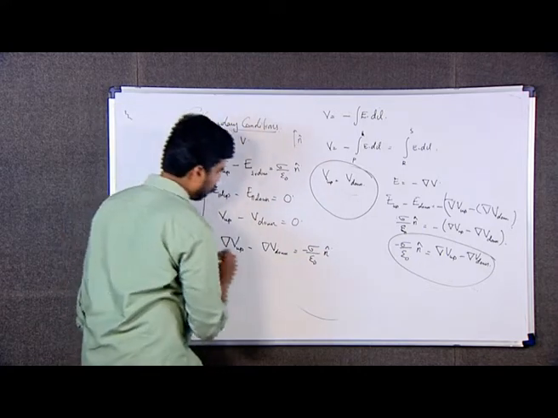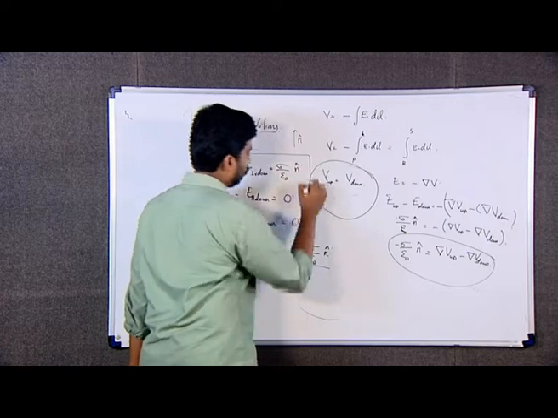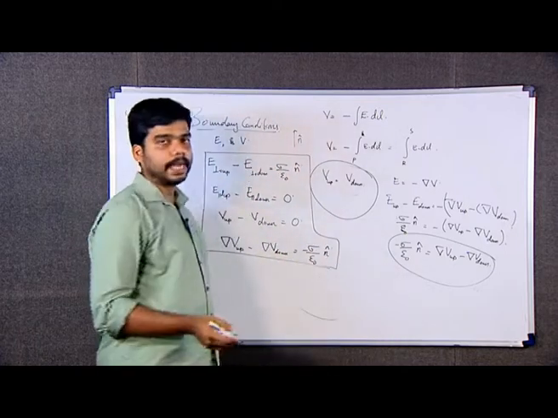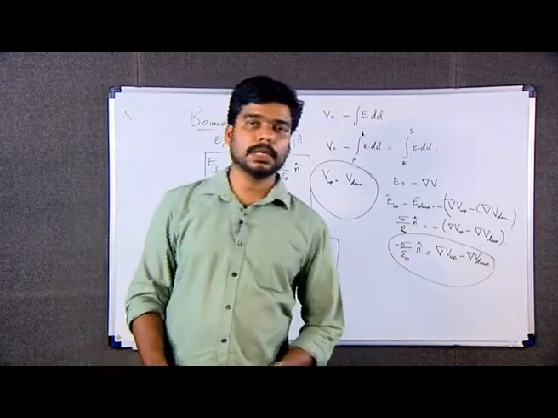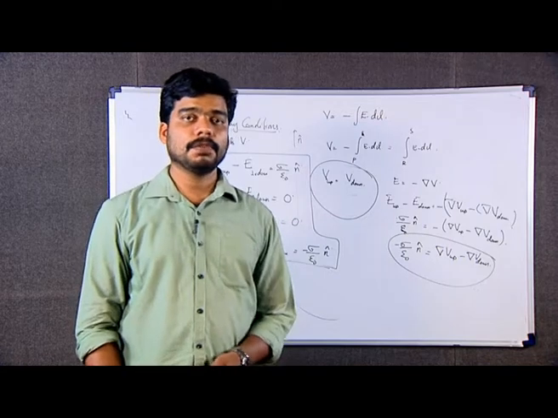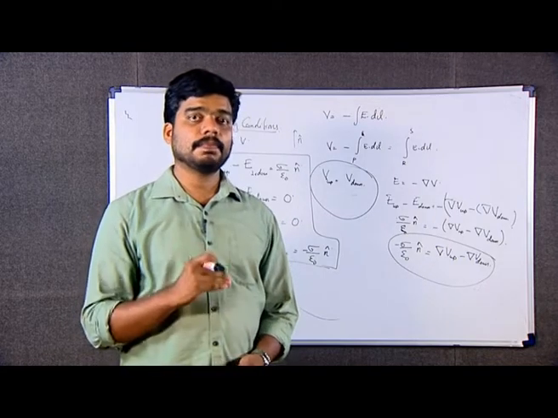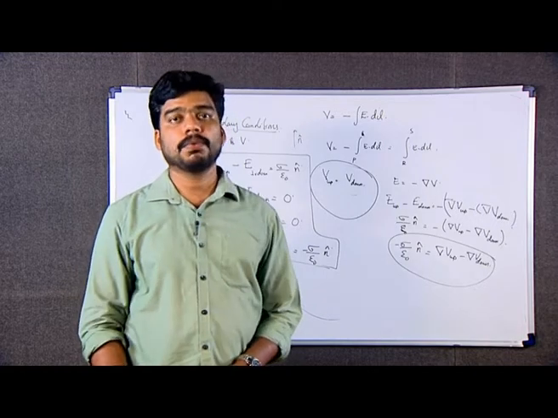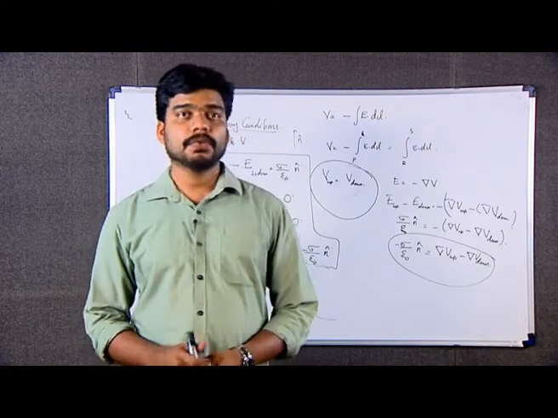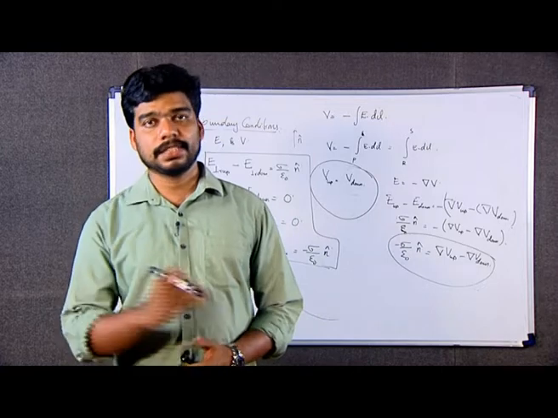These are the boundary conditions for E and V, which will give you the variation of the E when it passes through a boundary.